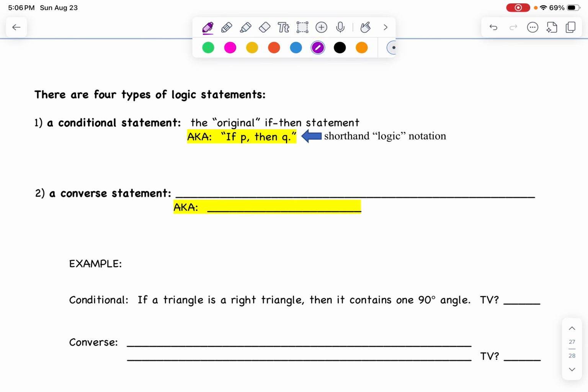These are what we call logic statements. There's actually an entire branch of mathematics devoted to just logic math. So we're just going to touch on a little bit of that today. So a conditional statement is the original if-then. That's what we've been talking about. If you were taking a logic class, like in college, they often like to use P's and Q's to represent the hypothesis and conclusion, just as a shorthand way instead of having to say hypothesis and conclusion all the time because they're kind of long words.